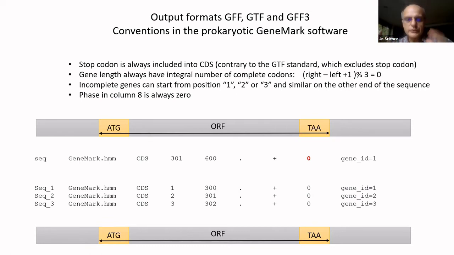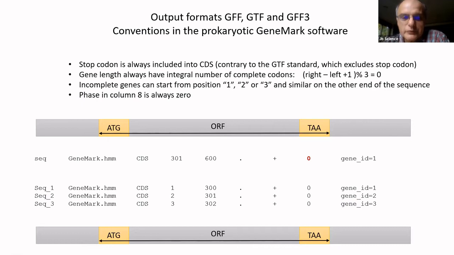So this is a very, very canonical gene structure, and in nature genes are always complete, in most of the cases.